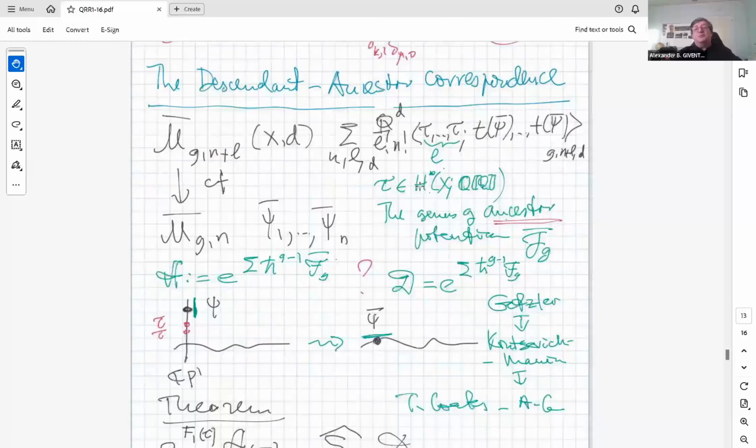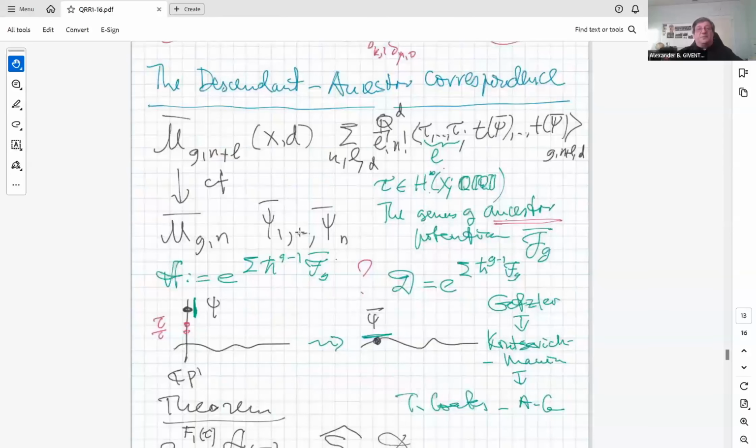It's just my choice. I could use psi classes, but I just don't need them. But in the remaining n points, I put the usual expressions, t0 plus t1 psi plus t2 psi squared, etc., except that instead of psi classes, I take psi bar classes.